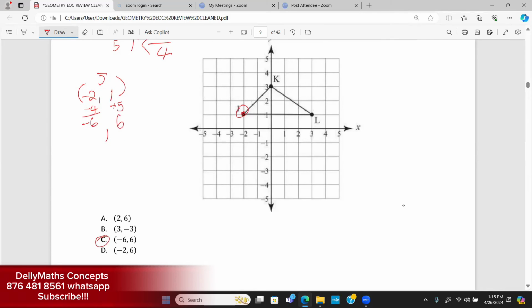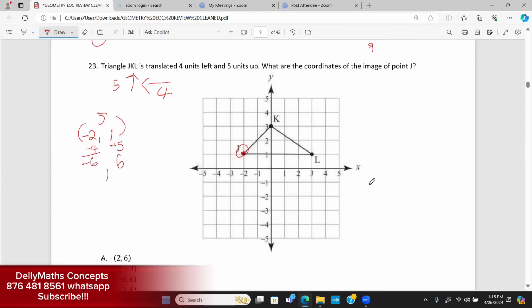Now, let us say you don't remember your algebra that well. Fine. You're going to move this to the left. Let's take a look. You would have moved it 1, 2, 3, 4. 4 is going to be -6 here because this is -5. So -6 will be right here. And then you're going to go up 5. 1, 2, 3, 4. That's at 5 already.